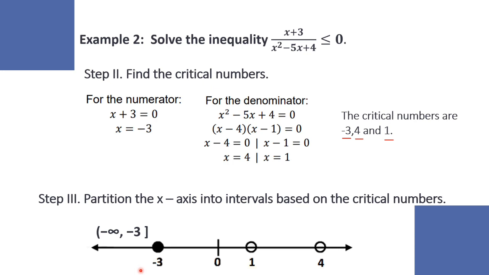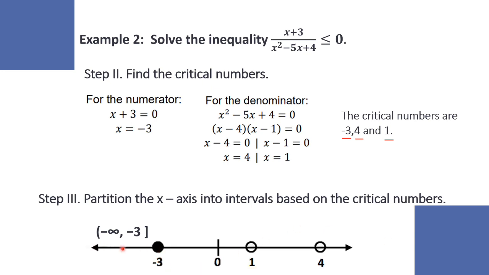So what are now the intervals? Okay, so we have 4 intervals. From here, going to the left, from negative 3 to negative infinity, negative 3 to 1, 1 to 4, and 4 going to the right.